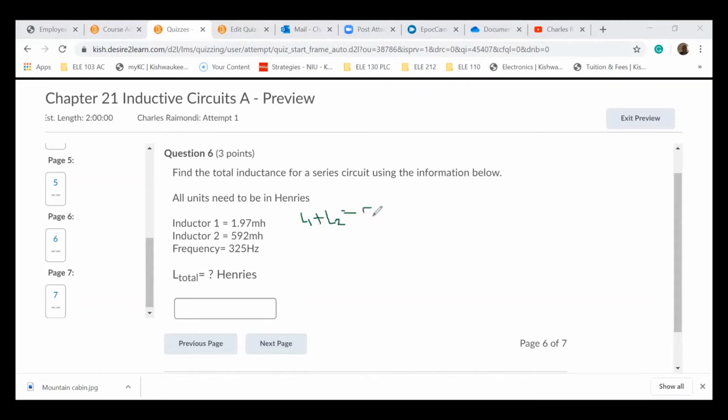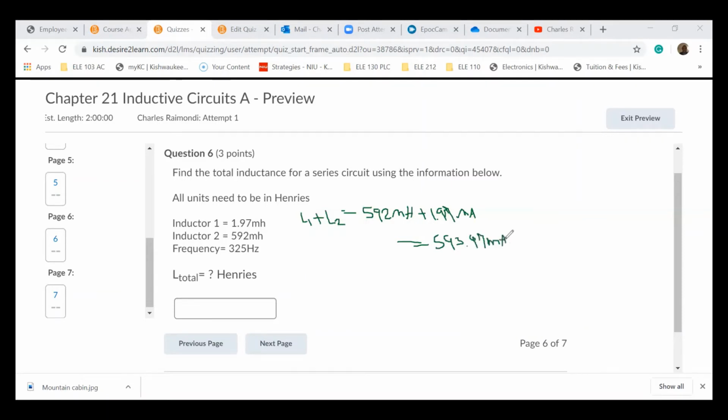So you've got 592 millihenry plus 1.97 millihenry. That gives 593.97 millihenries.